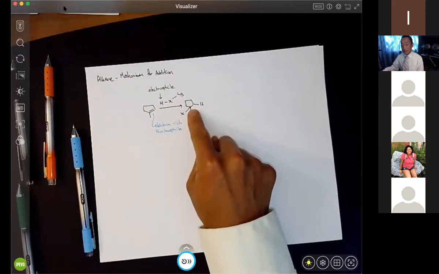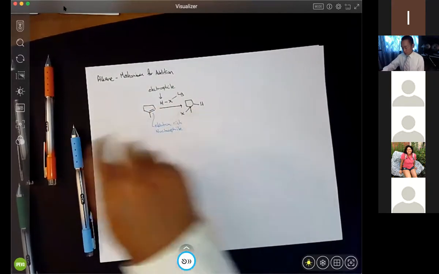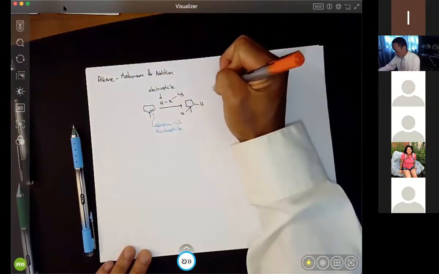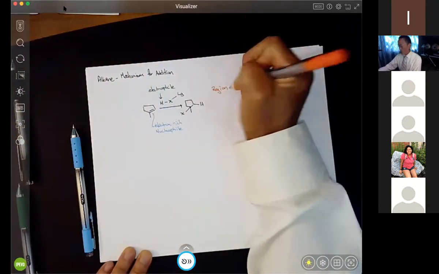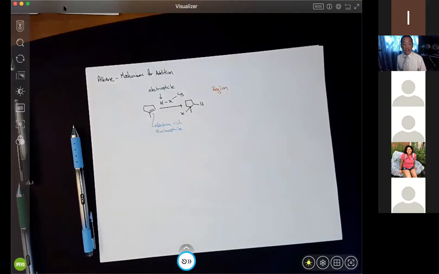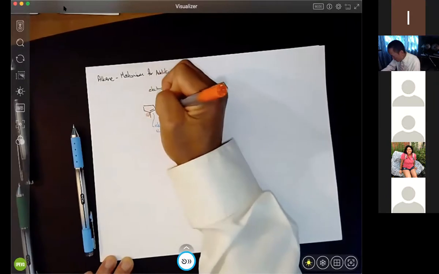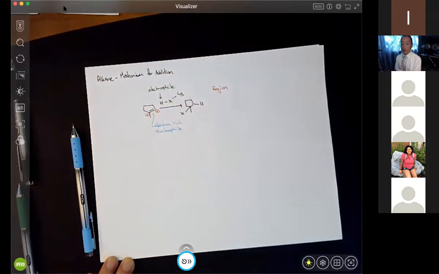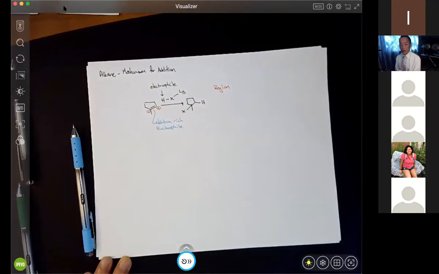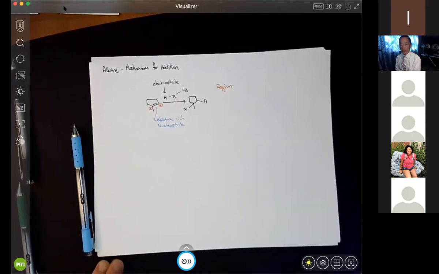Well, if that's the case, we've identified the behavior of the reactants in this reaction, then we have to analyze the product and ask ourselves the question of what region the reaction took place on. If we want to get really fancy, we'll call this regiochemistry. But what region of the molecule did the chemistry take place on? I have carbons 1 and 2 just arbitrarily labeled right there. That's hard to see, but you will in the notes.